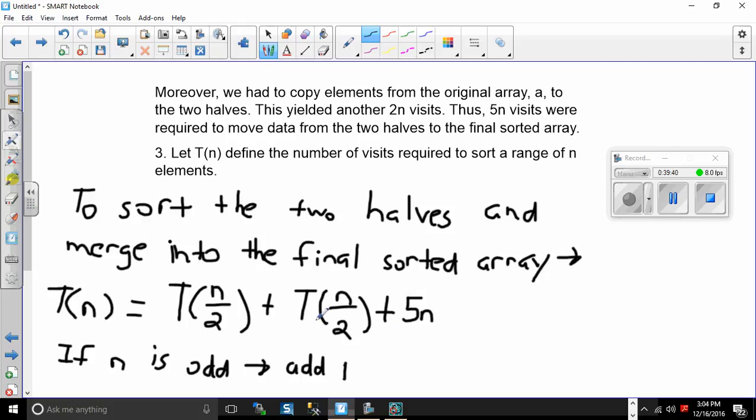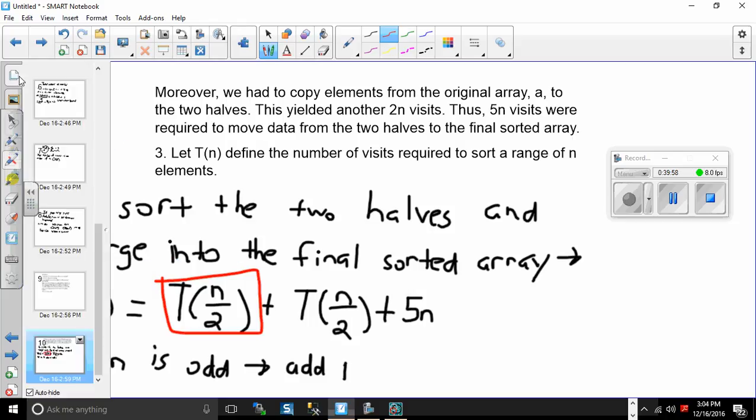There's no loss in generality in just adding 1 more visit to the value of n. Okay. Now we need to calculate what T(n/2) is, because this is now a recursive formula. All right. So what is T(n/2)?